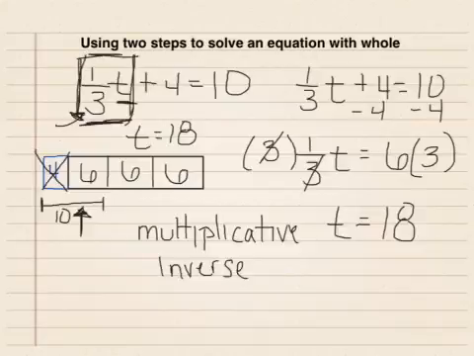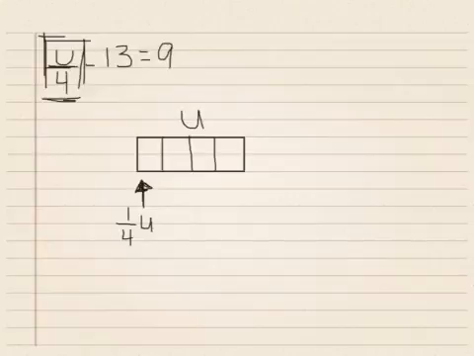We can also look at 1/3 of t as the same as t divided by 3. So when we approach u divided by 4, I always ask my students to look at it as having only 1/4 of u. Building off of that, we're going to continue the problem.